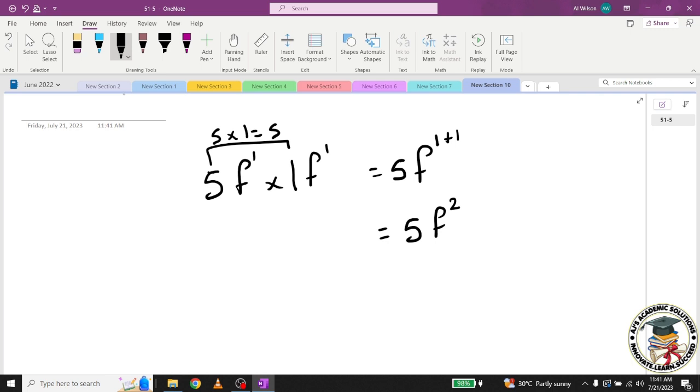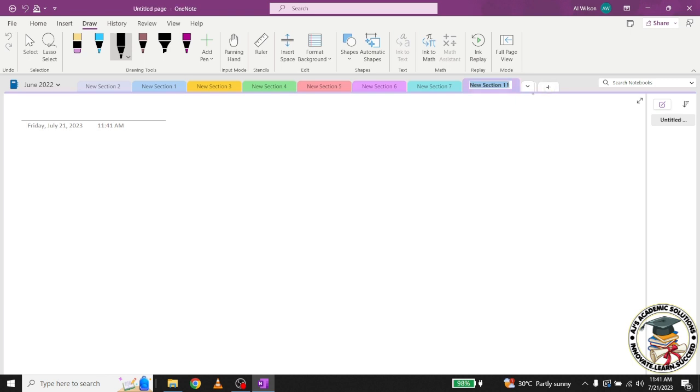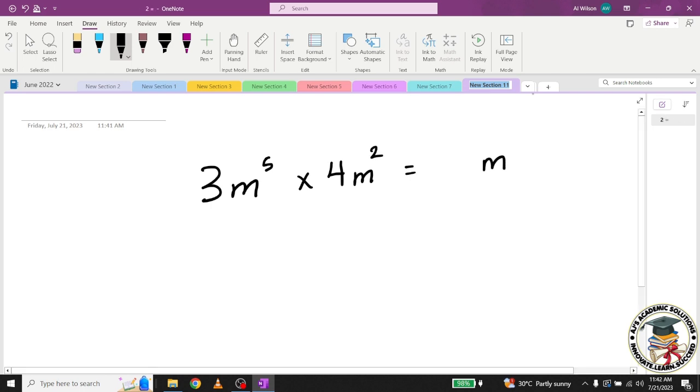Great, so I hope you're understanding the pattern that you need to pay attention to. This is going to be the last example that I'll be doing for this now. Let's say we have 3m to the 5th power times 4m to the 2nd power. Our variable here is m.